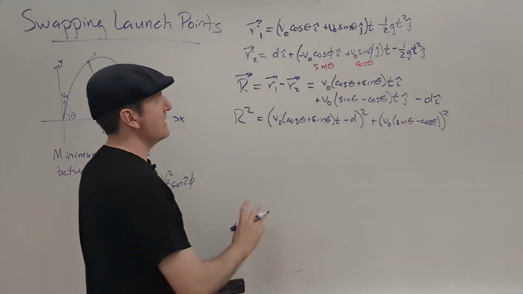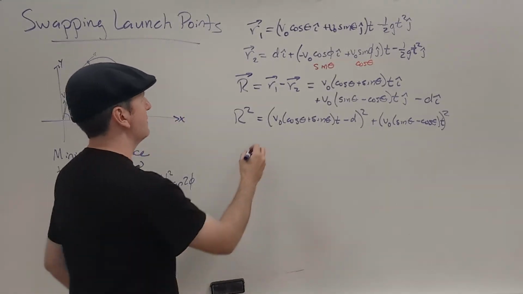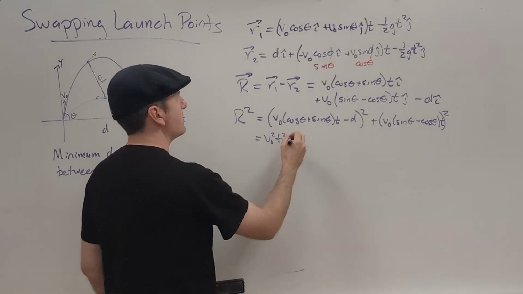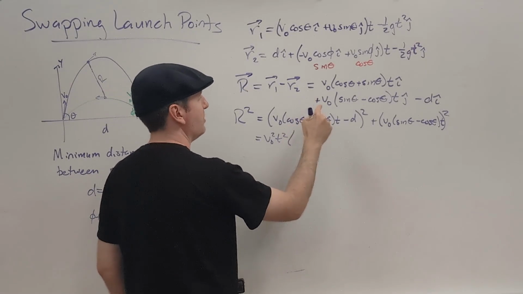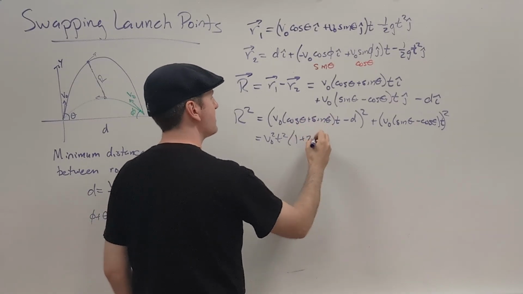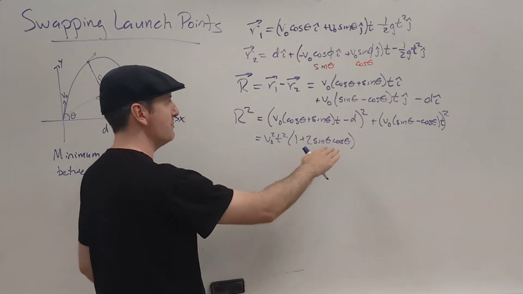Okay, now we've got to expand this out. Oh, there's a t there too. Let's expand this out. I'll have a V0 squared t squared, I'll pull the t to the front here, times this thing squared. Cosine squared plus sine squared is 1, and then I'll have twice the cross term. That's my first bit.